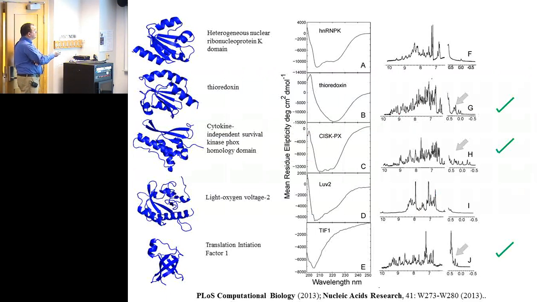These are the 5 predicted folds by I-TASSER, and here are each one of the protein names. And these are the circular dichroism spectra for those proteins. Here you have the wavelength in nanometers of the incident light, and this is the mean residue ellipticity. So what you're doing here is you're taking your protein sample at really low concentration, and you're sticking it in a cuvette, and then you're illuminating it with left and right-handed circularly polarized light.